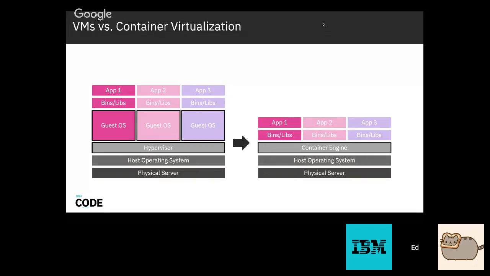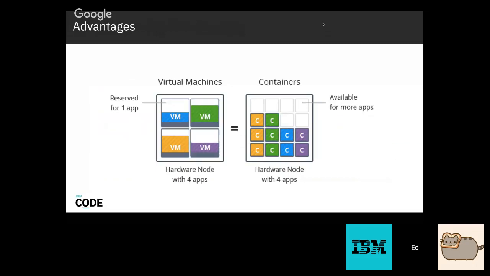Whereas an operating system already by default is taking up gigabytes of space, right? And so they're much less portable. The other thing is they don't have the boot up time of an operating system. So containers can start in milliseconds, where virtual machines were starting in seconds if they're really fast, but mostly minutes.